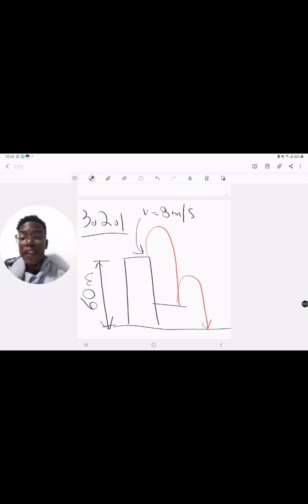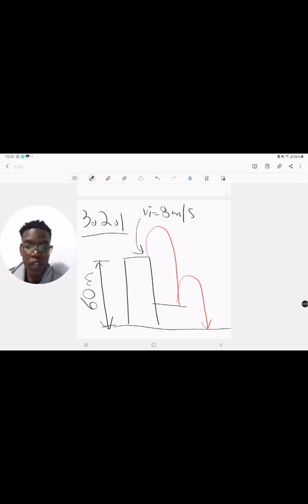It leaves the hands, or whatever it's been thrown up from, at a velocity of 8 meters per second. So that's the starting velocity, the initial velocity, the velocity at the beginning. So we call that VI. Why VI? Because it's the velocity that the object started off with.